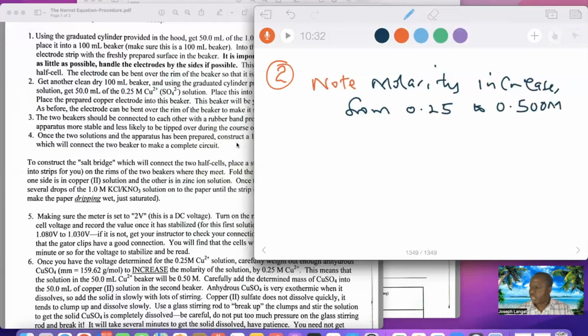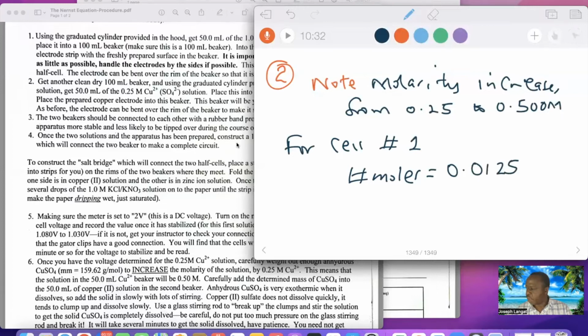So that is the concentration. If you look at the number of moles for cell number one, then number of moles is given by what? 0.0125 moles.